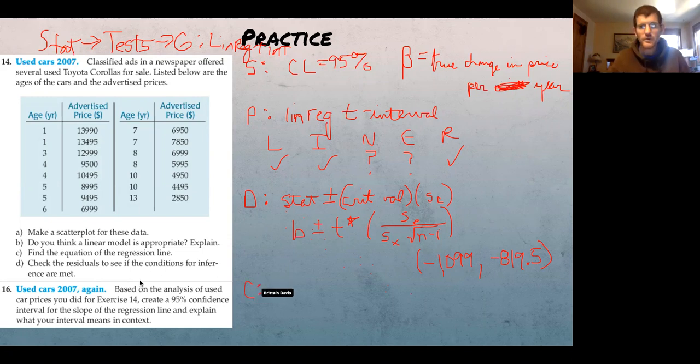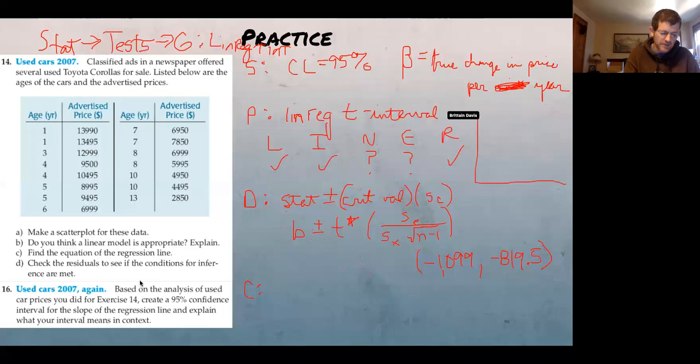It's important to realize that this has real world meaning. Looking at our scatter plot, and maybe we could even show the scatter plot as part of this, we don't know that this is the true downward slope.